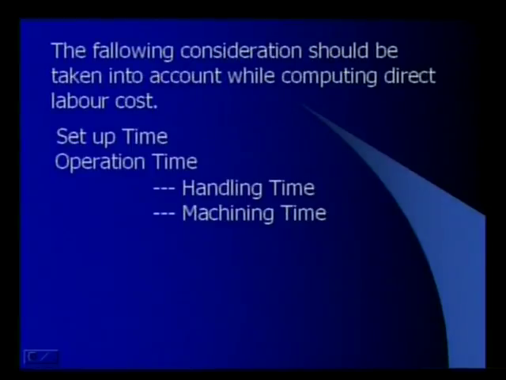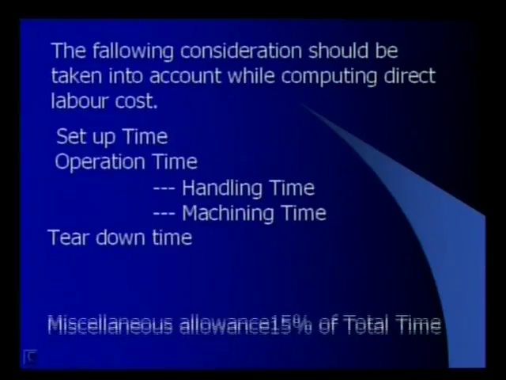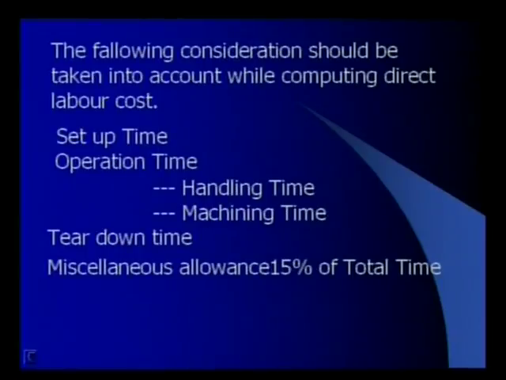Next, operation time, which is subdivided into handling time and machining time. Next, teardown time, the time in which we clean the machine and again load and unload the tools and some jigs and fixtures.